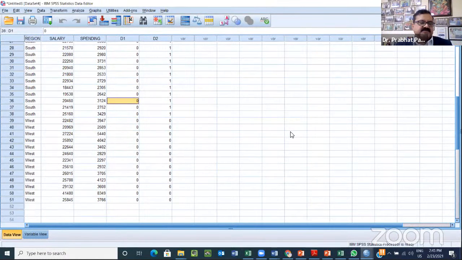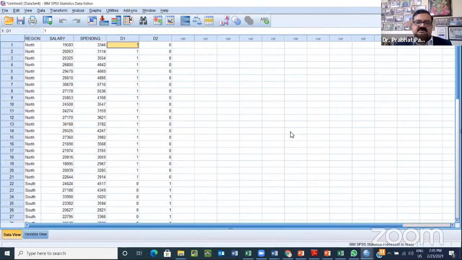You can see the values for West and South are all 0, and only North gets 1. So this is the dummy for North, and we call it D1. Is that clear to everybody?